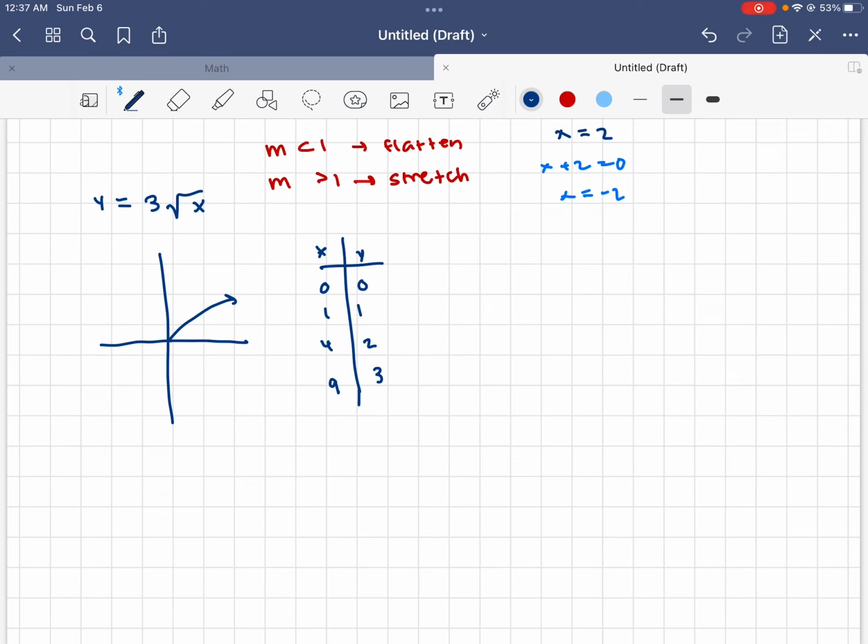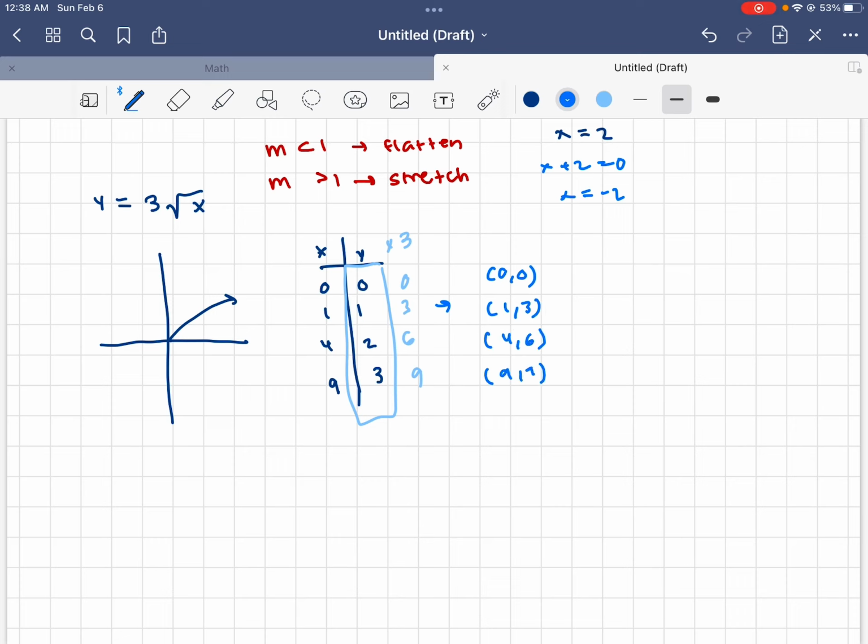And so if we're stretching our graph vertically, which in this case we are, we need to multiply our y values by 3 because our slope is 3. So when we do that, this is what we get. We'll just follow these points. So we have (0, 0), (1, 3). So these are our new points.